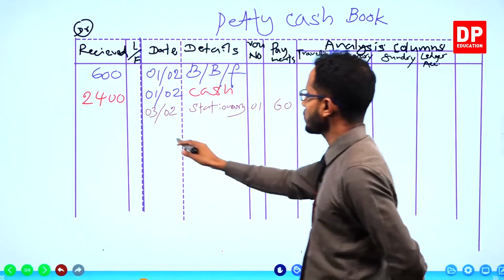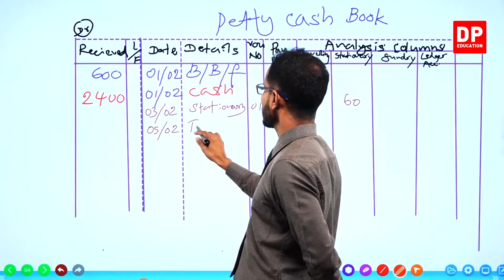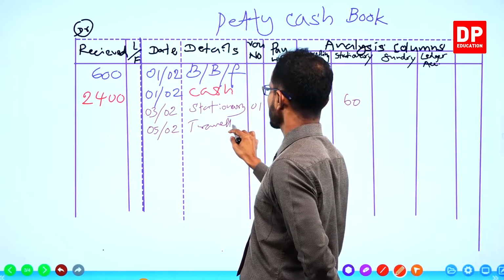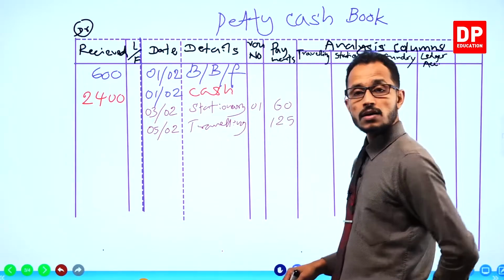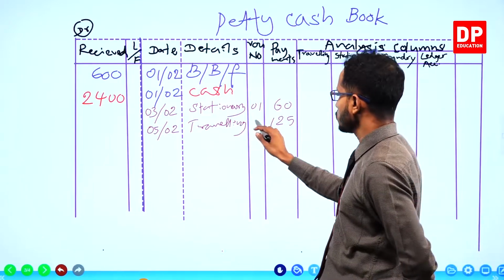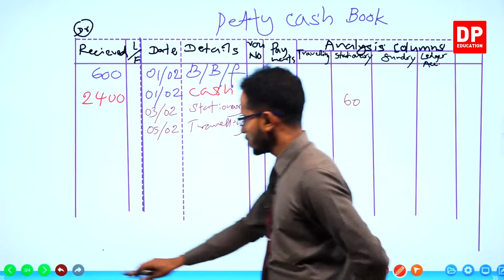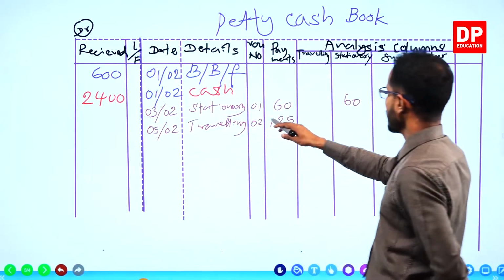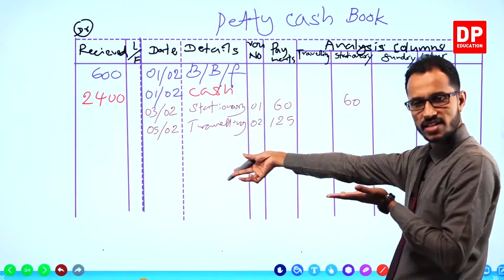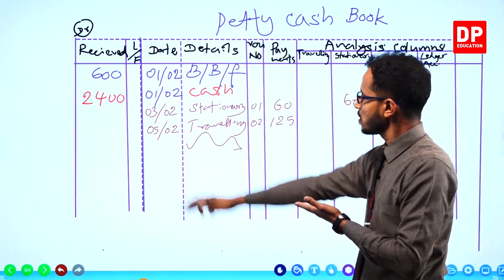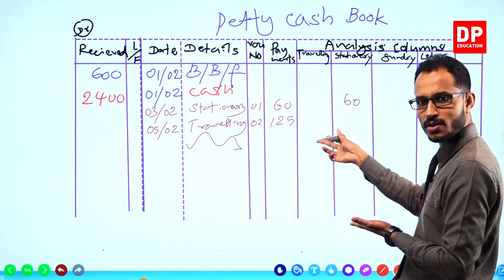Then we have 5th February traveling 125. As I can remember, that is voucher number 2. And that should also go to the relevant column. What is the relevant column for traveling, children? Traveling. We have a separate column for traveling.